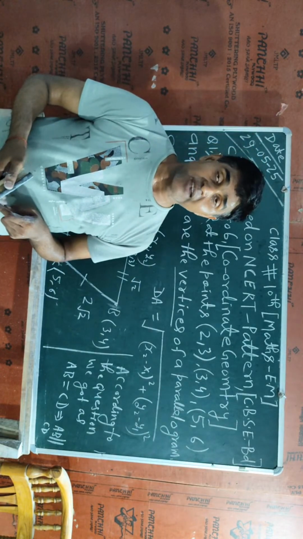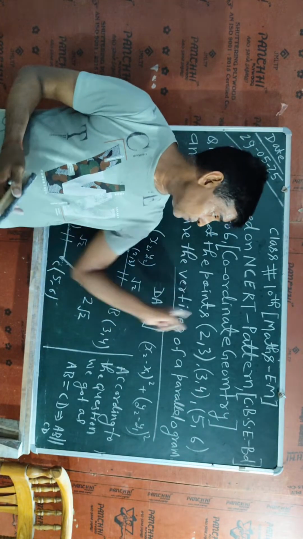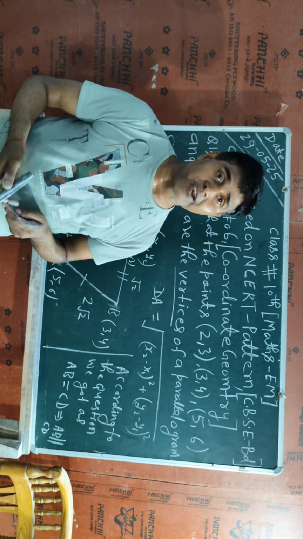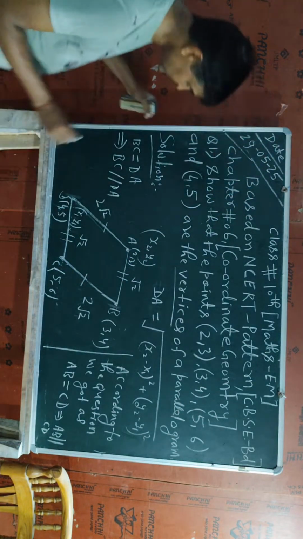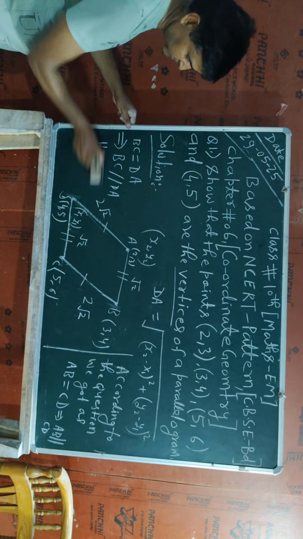This can be possible when all the four given points lie on the vertices of the parallelogram. Hence proved. So what is the true information I will write?